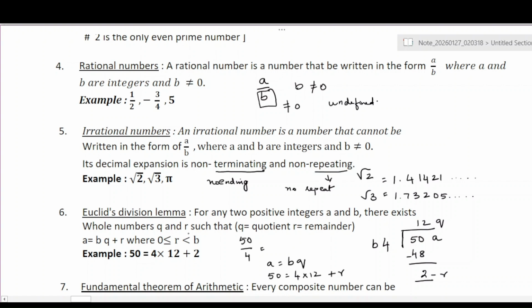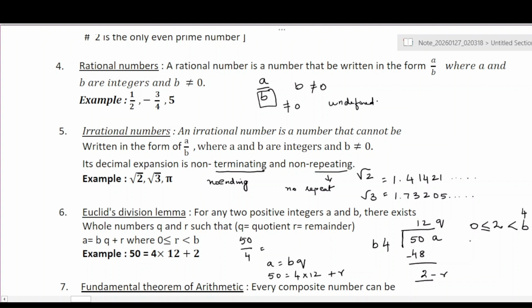Now they are telling us about the remainder. The remainder 2 is greater than or equal to 0, and the remainder will always be less than b, that is, less than 4.